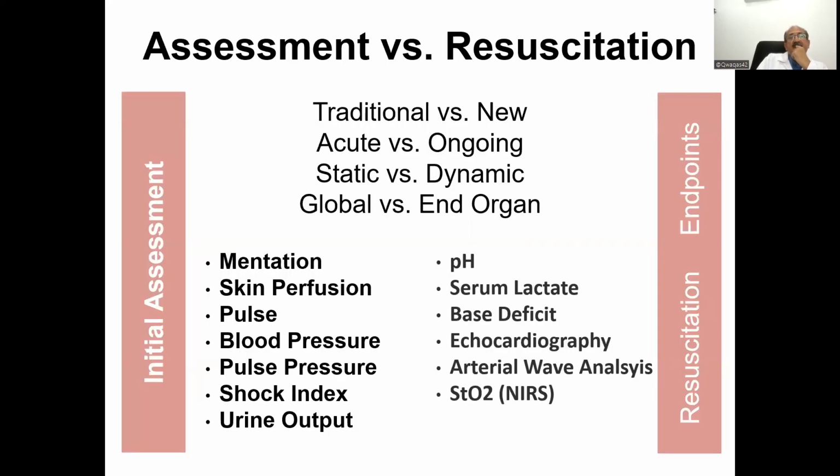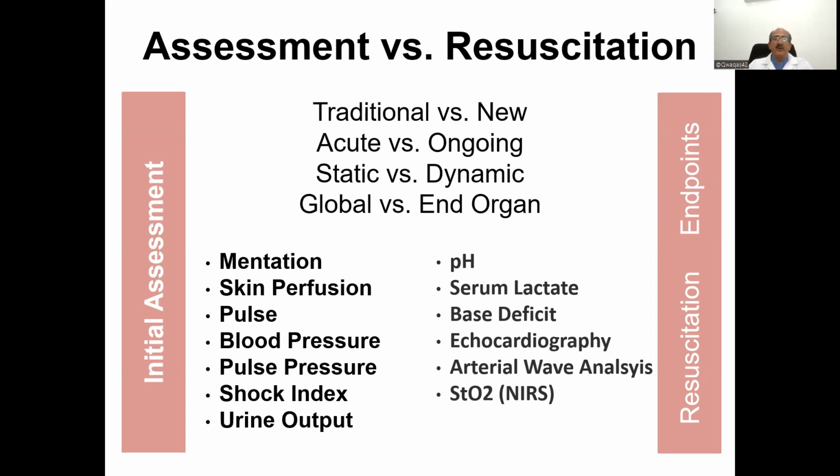Now look at assessment versus resuscitation. Here we have to see what was the traditional way of treatment and what is new. What are the new guidelines? What are the new evaluations?